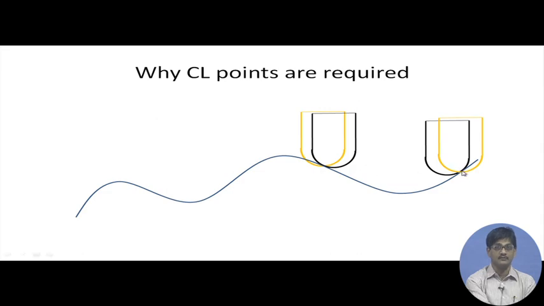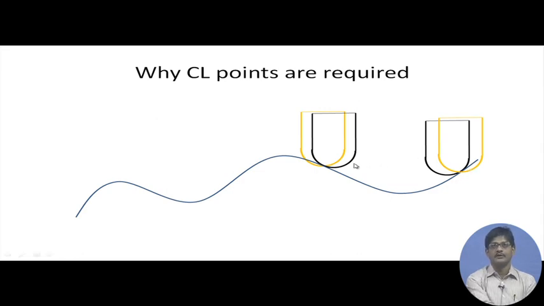This is wrong. Why? Because it is clearly visible that part of the tool, quite a large portion of the cutter, is inside the surface, which means that if I use these positions, part of the job will be machined out.